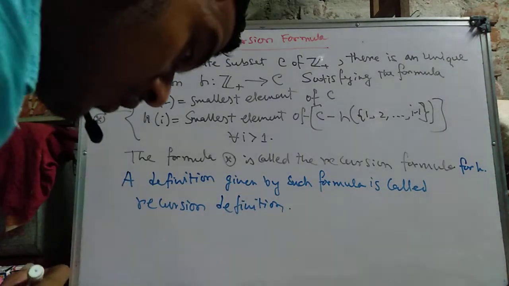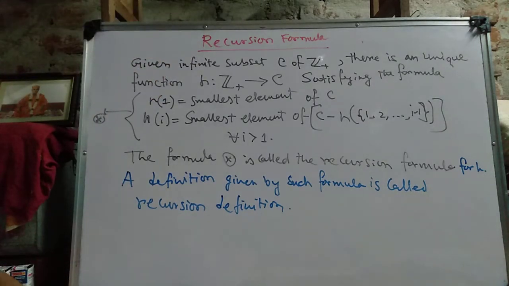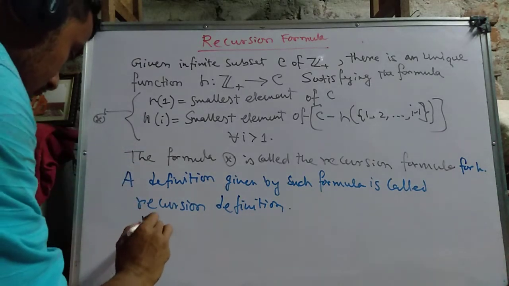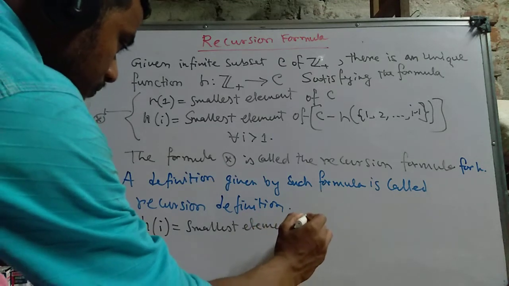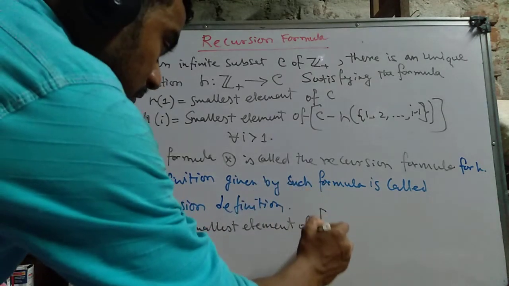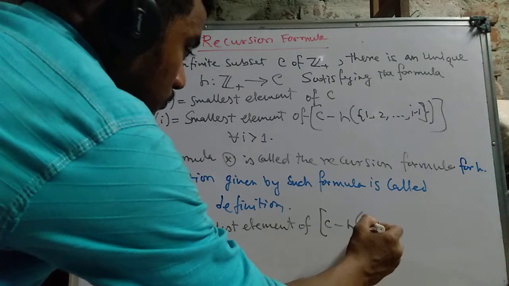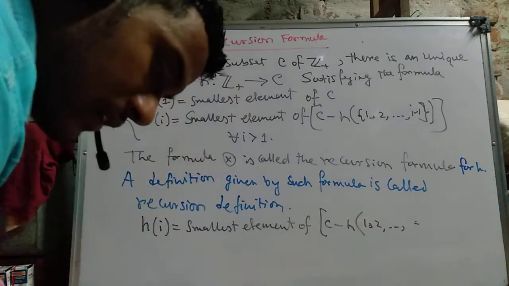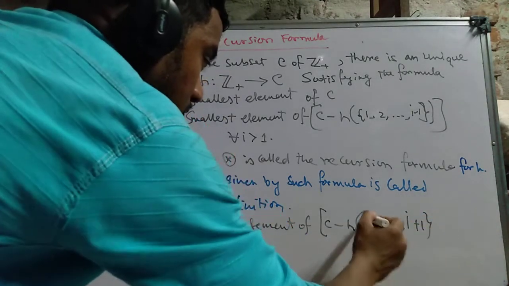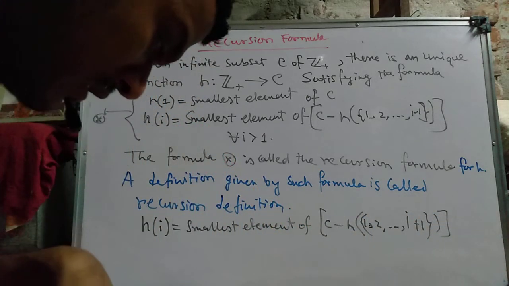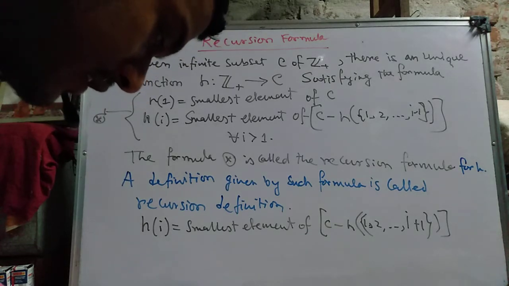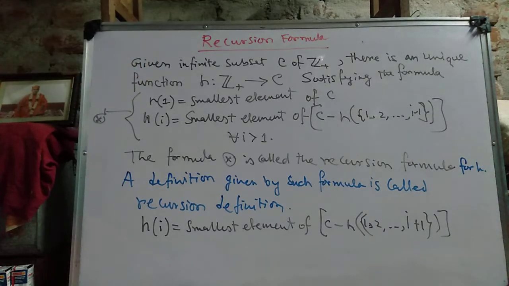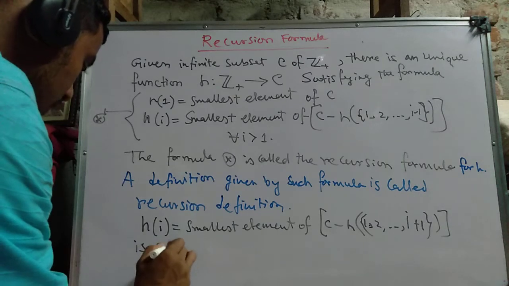Now we also see that the recursion formula, h(i) equals the smallest element of C minus {h(1), h(2), ..., h(i+1)}, is self-contradictory.